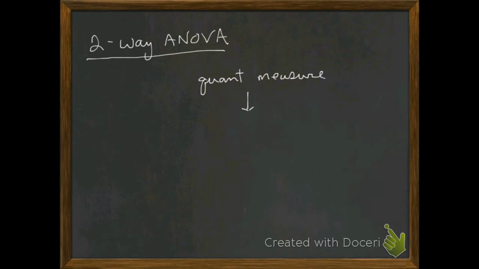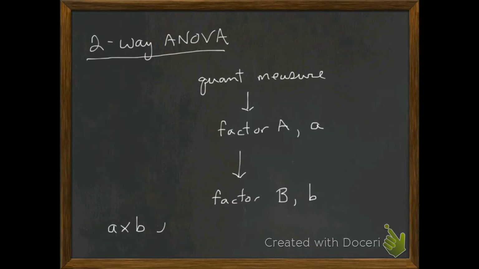So we would first want to examine the differences across some factor A, and then we would want to look at this across some factor B. Now, let's say factor A has A groups, factor B has B groups, so we would be running a two-way ANOVA, and we would call this an A by B design.